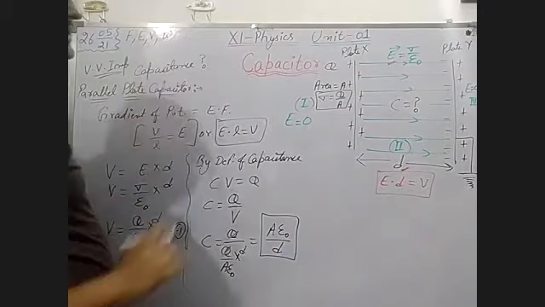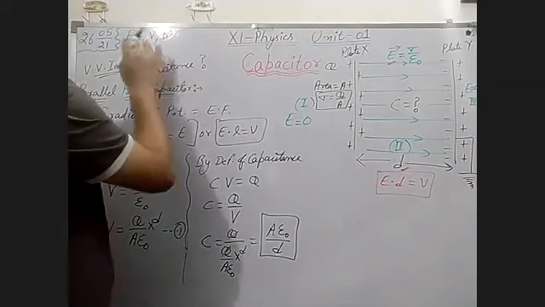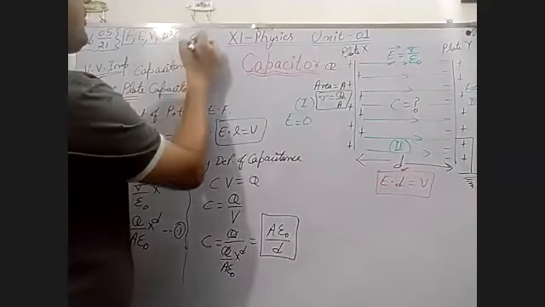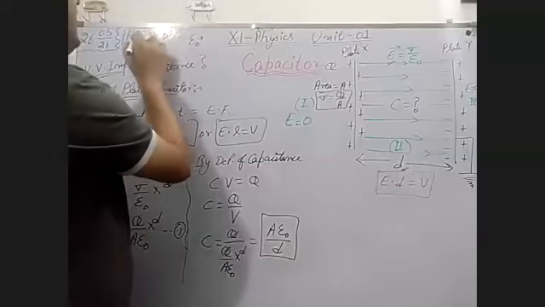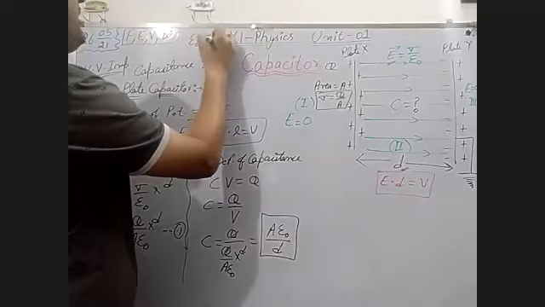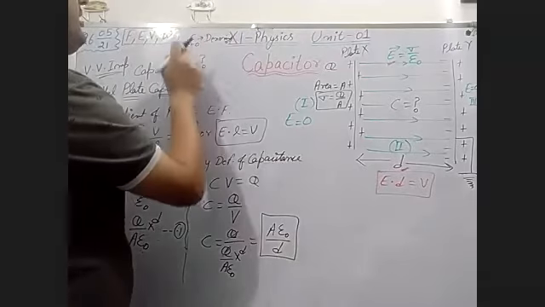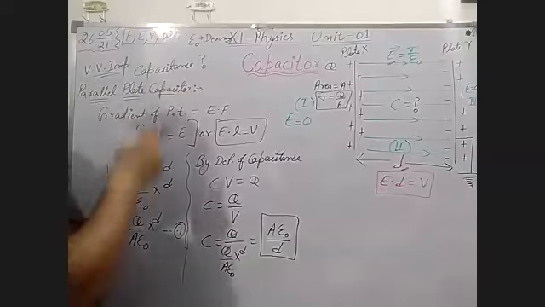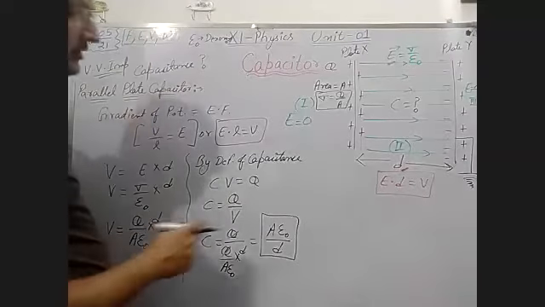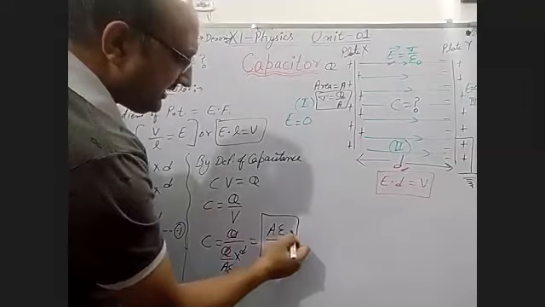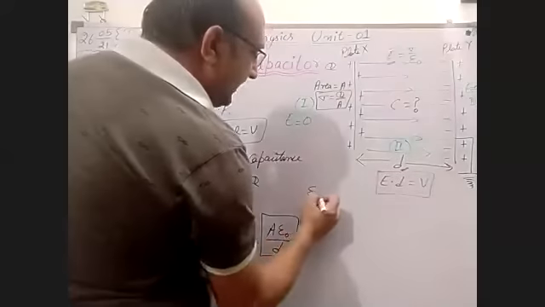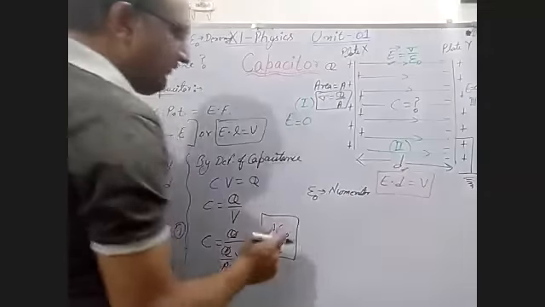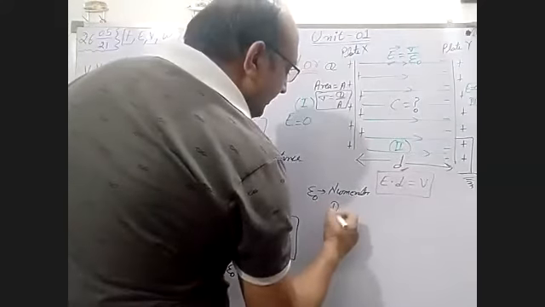These four things have formulas, but in the denominator part, this epsilon naught is also there. Now, taking dielectric. You know what is dielectric?